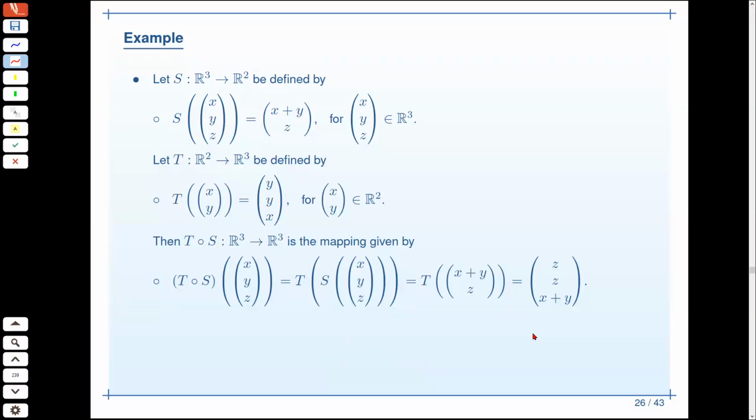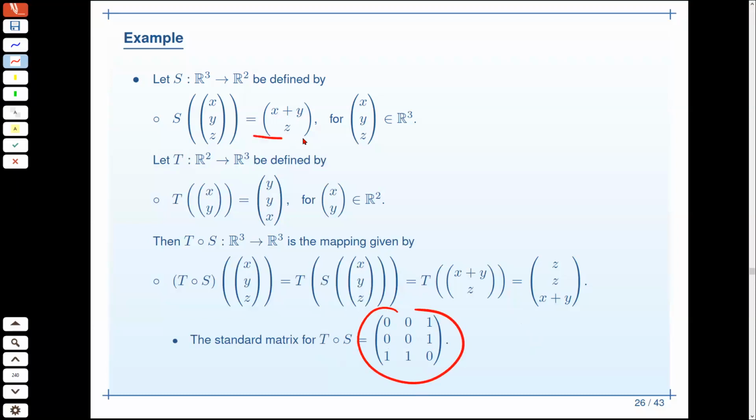So is it possible that we just go directly with the standard matrices? Of course, here we can write down the standard matrix 0, 0, 1, 0, 0, 1, 1, 1, 0. But how can this standard matrix be related to the standard matrices of S and T? Is it possible for us to link them?